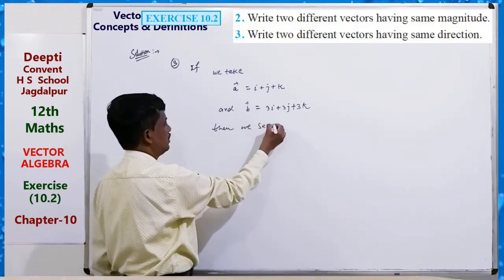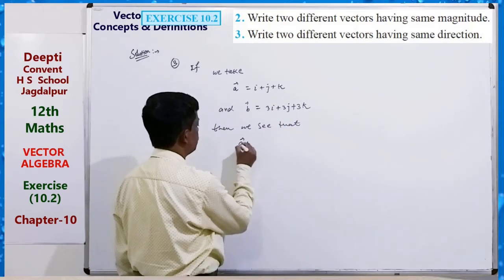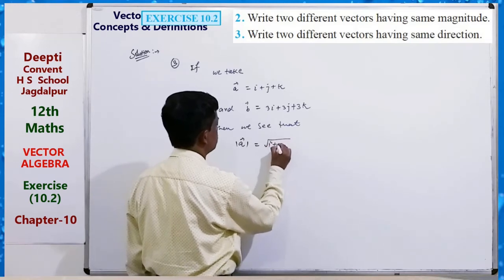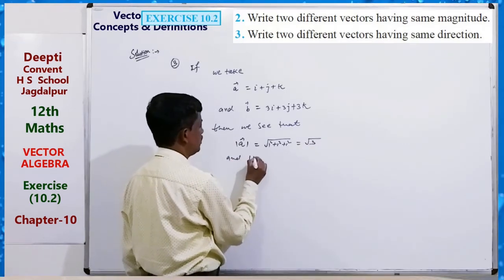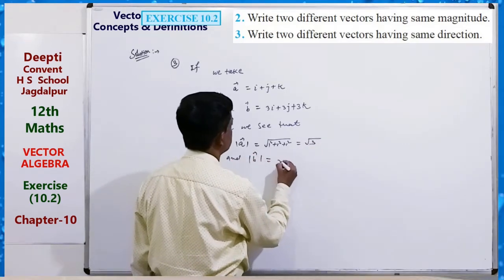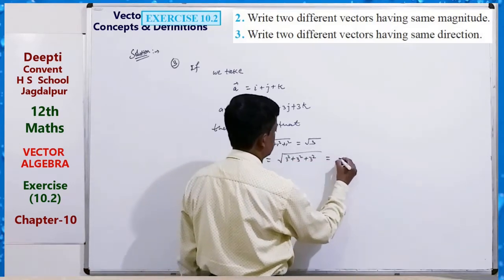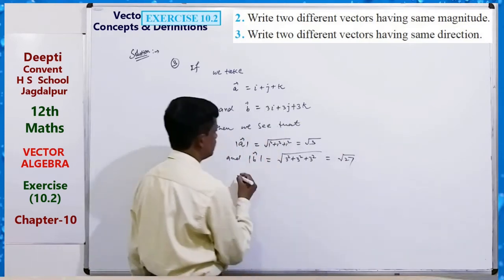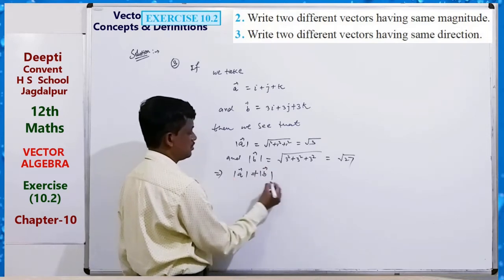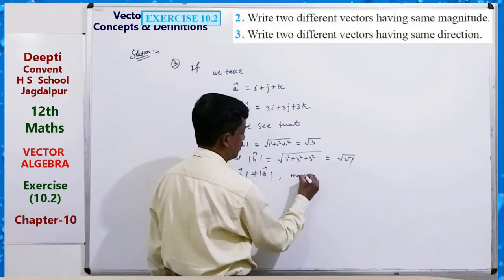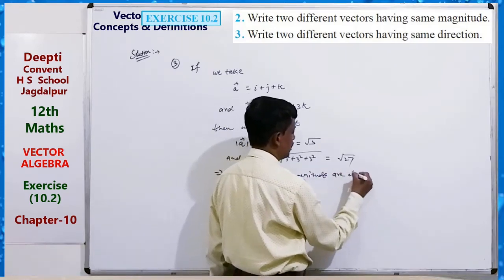we see that magnitude of A is root 3 and magnitude of B is root of 3 square plus 3 square plus 3 square, which is root 27. Magnitudes are different.